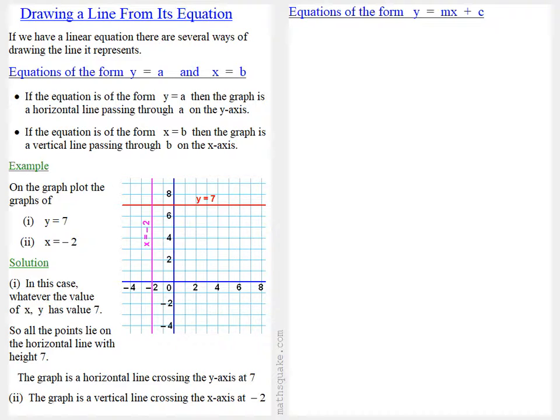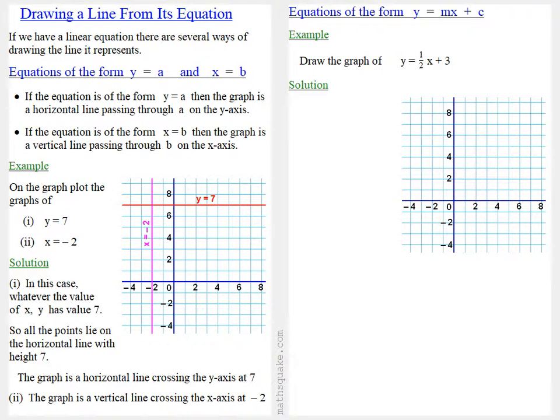Now let's suppose the equation is of the form y equals mx plus c. So for example, y equals a half x plus 3. Now to solve this, if x is equal to 0, then y is equal to 3. So the graph crosses the y-axis at the value 3.